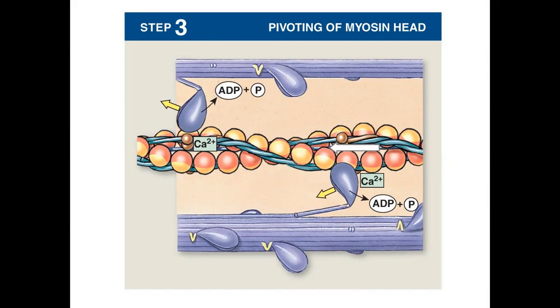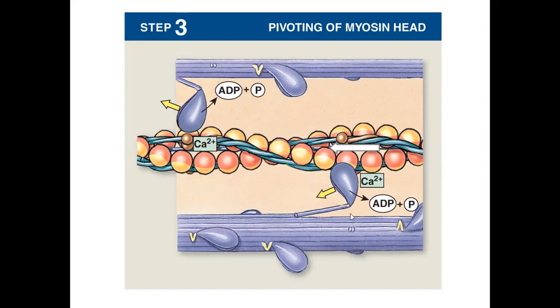So now, remember, the myosin head has an ATP binding site. But now that site has released inorganic phosphate and it has released ADP. So what remains on the myosin head is an empty pocket. An empty pocket that can bind ATP. So what happens? The next step will happen.